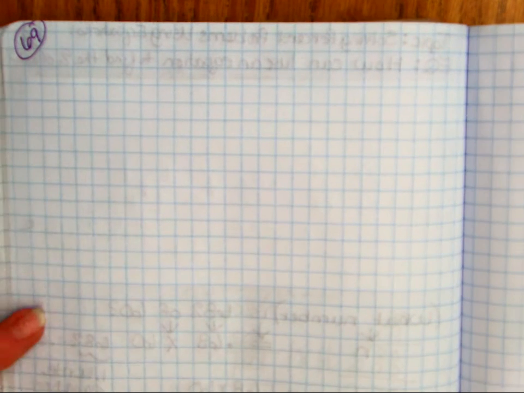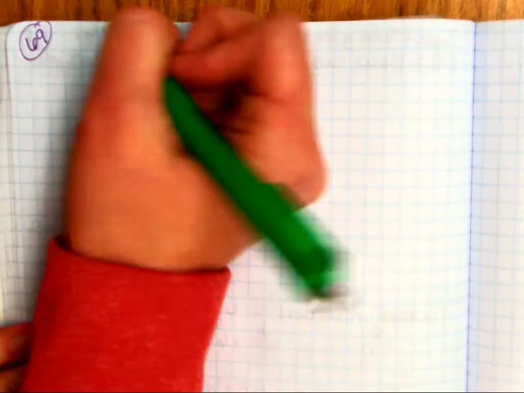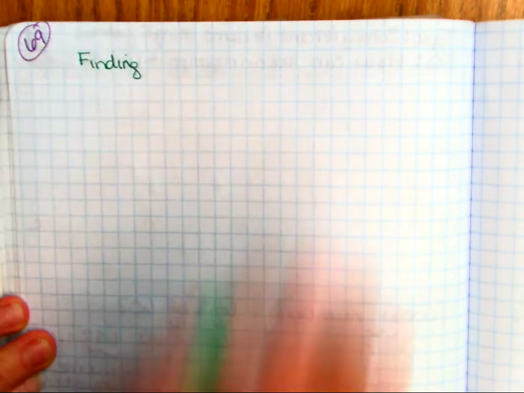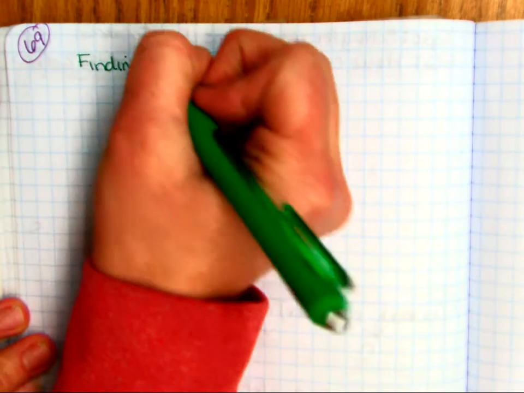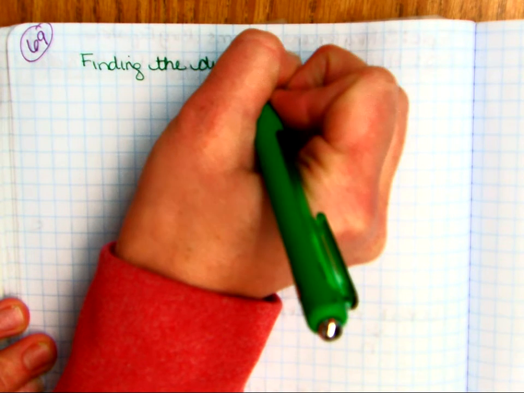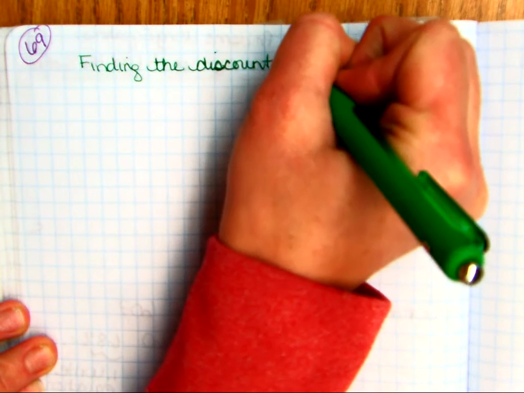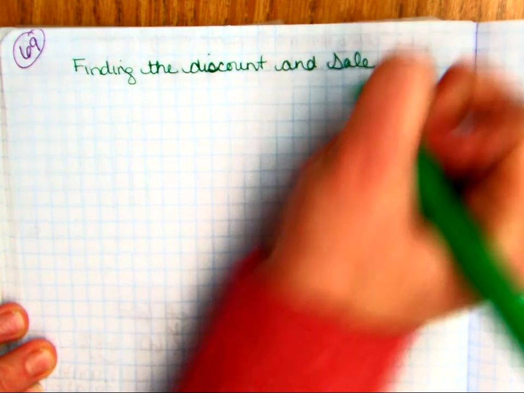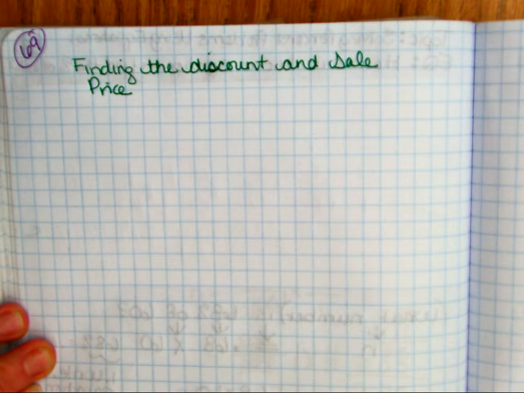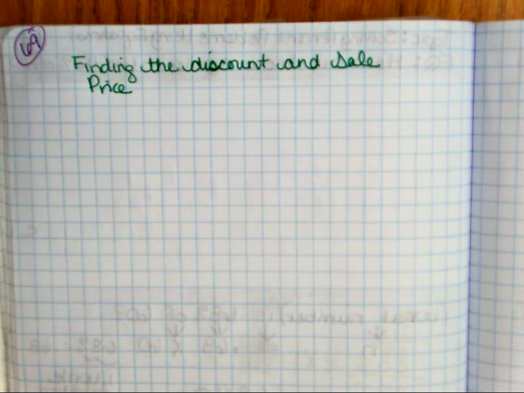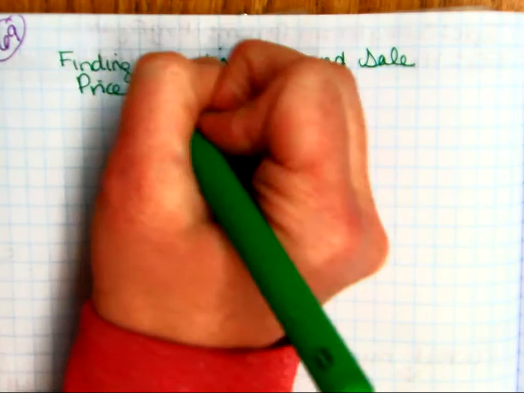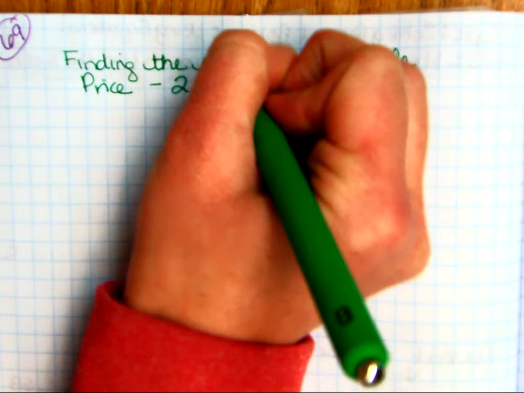And the first thing that I need you to understand, we're going to start off by writing: finding the discount and sale price. And we can do this with two methods.